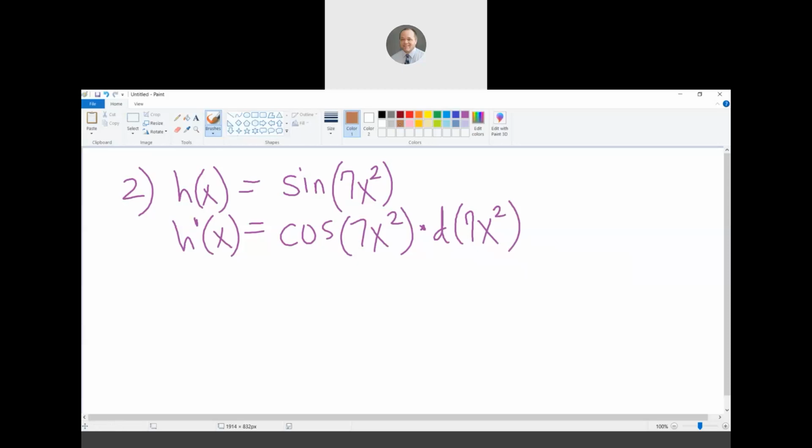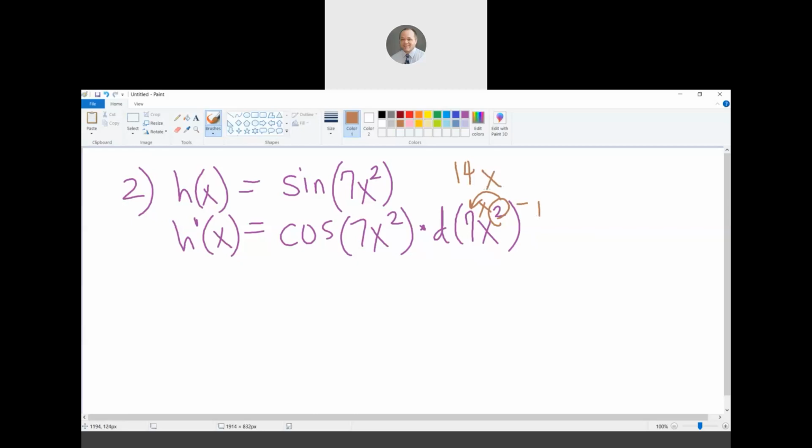Use the power rule for derivatives by moving the 2 in front of your term and multiplying it by 7. So that gives us 14. And the last part of the power rule is you subtract 1 from the original exponent.